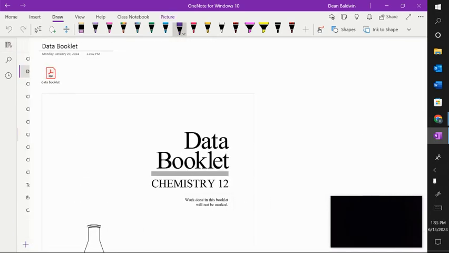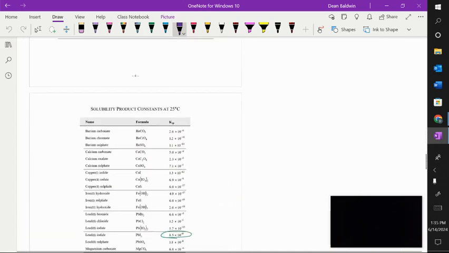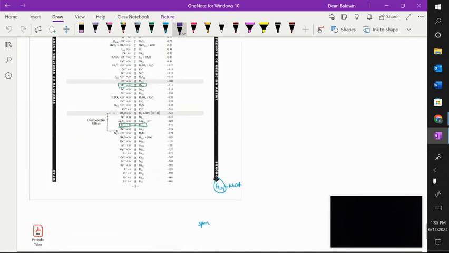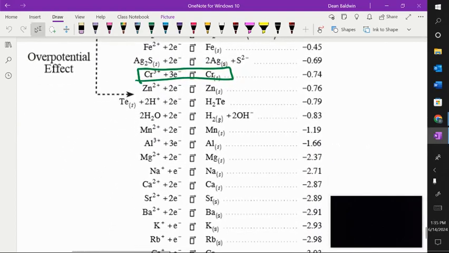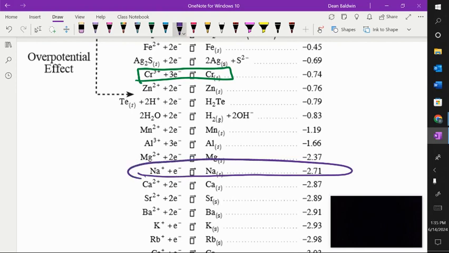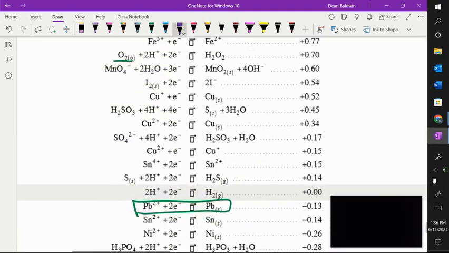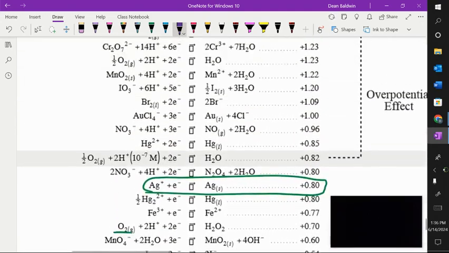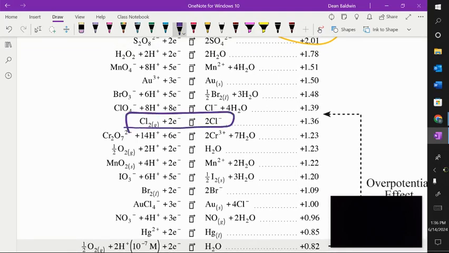So if we look at the data booklet, there's sodium right at the bottom here. It's being reduced at the cathode, and chlorine is up here. So we're flipping the reaction, right?